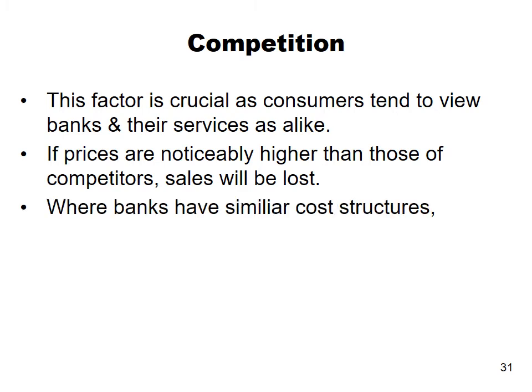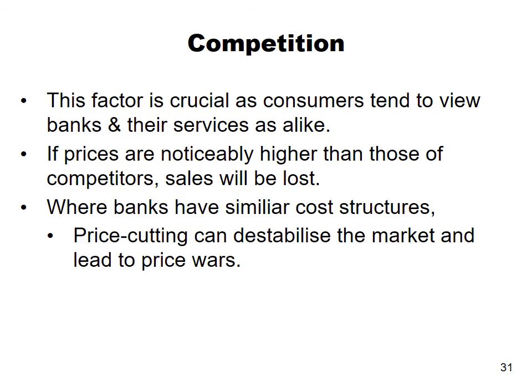Where banks have similar cost structures, price cutting can destabilize the market and lead to a price war. The final result is that the total revenue for all the banks will drop because all the banks are cutting the price down. So sometimes the banks will not be in favor of this because it ends up a lose-lose situation. So sometimes the banks will maybe negotiate among themselves.